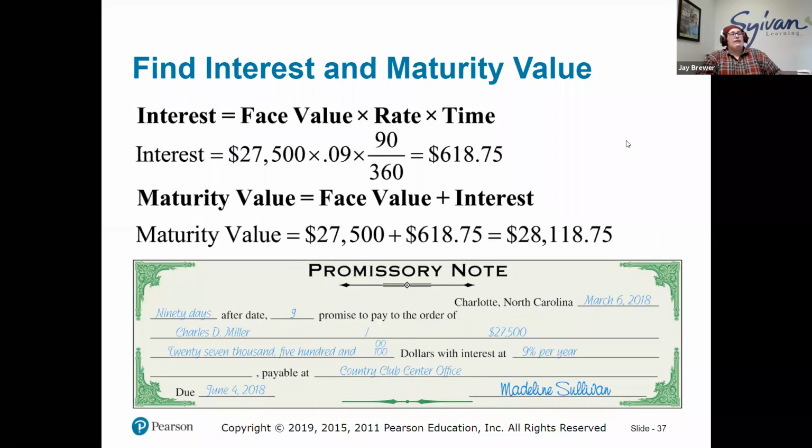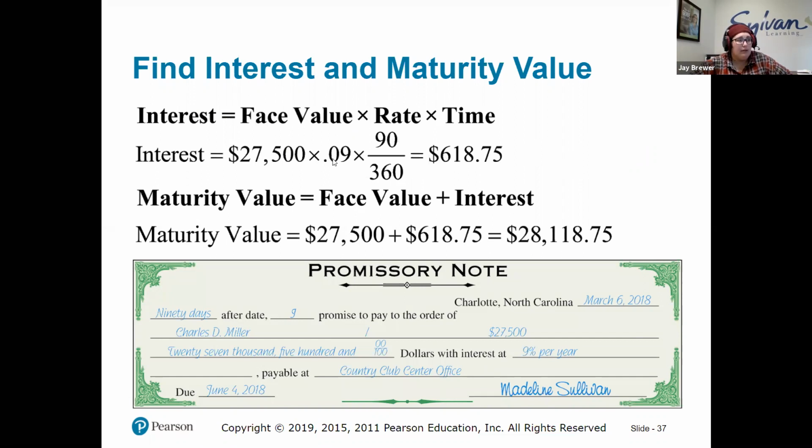All right, finding interest and maturity value. This again, at this point, should be a little bit like review for you. You're going to take the principal or the face value, which for some reason when we're talking about promissory notes, they change to face value, I guess because it's literally what's on the face. It's what you're seeing first.